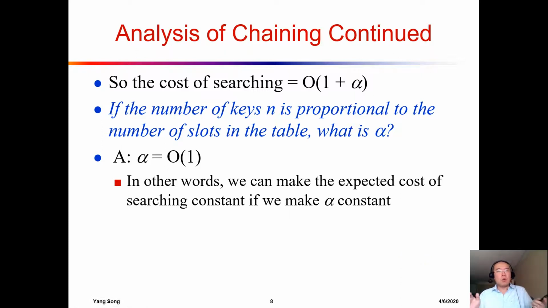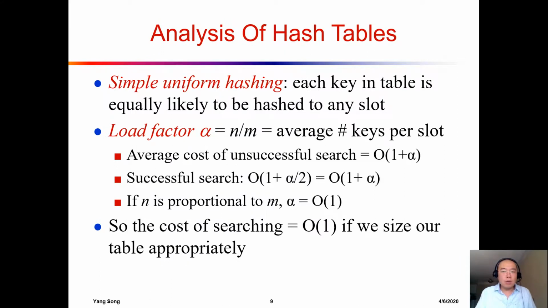Okay, so this means we can have a constant time search. And this is exactly what we want. However, remember, we are comparing n, the number of the keys in the hash table, versus m, which is how many slots are available in the hash table. n has to be proportional to m, so we can have a constant time search. So this is the same information and I just put them all together.